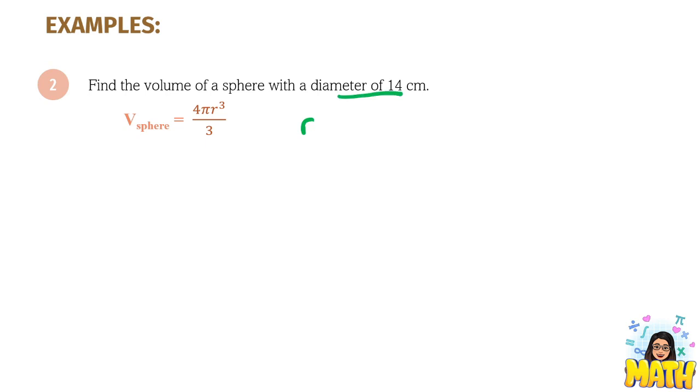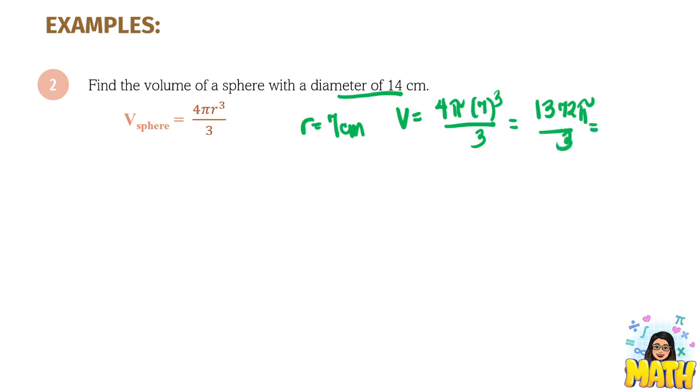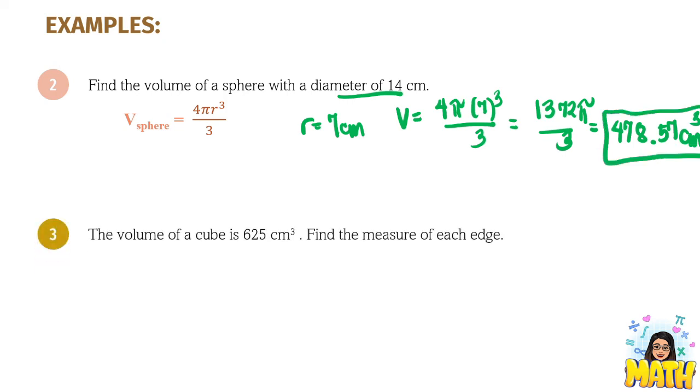So we'll use r equal to 7 centimeters. 7 cubed is 343 times 4, that's 1372 pi over 3. So simplifying this, the final answer will be equal to 478.57 cubic centimeters. Okay?